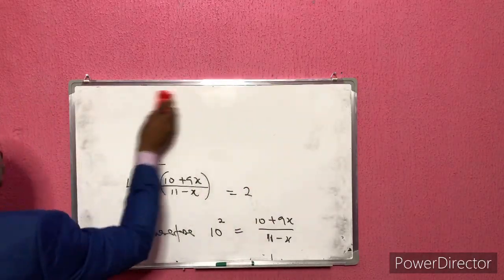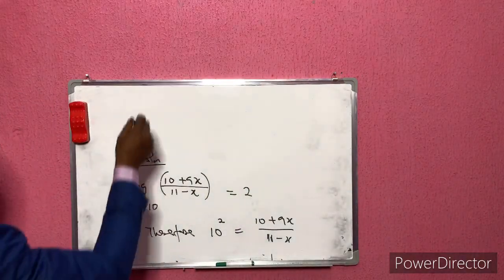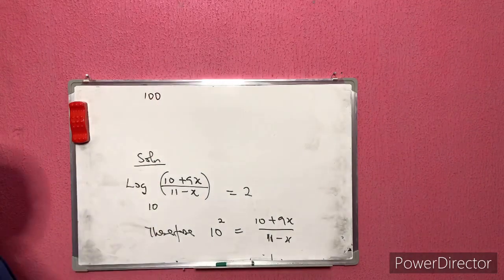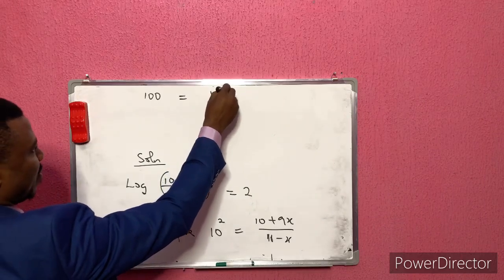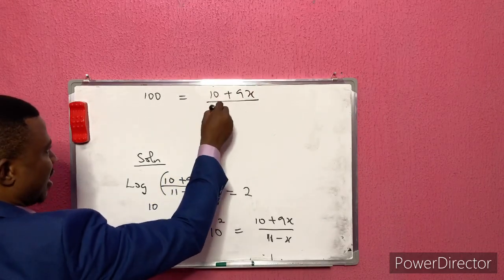This will give you 100, because 10 squared is 100, equals 10 plus 9x all over 11 minus x.